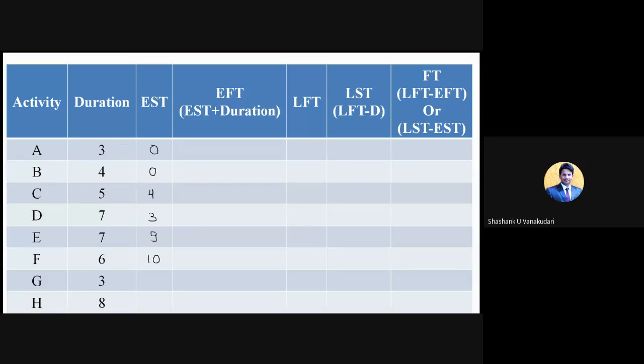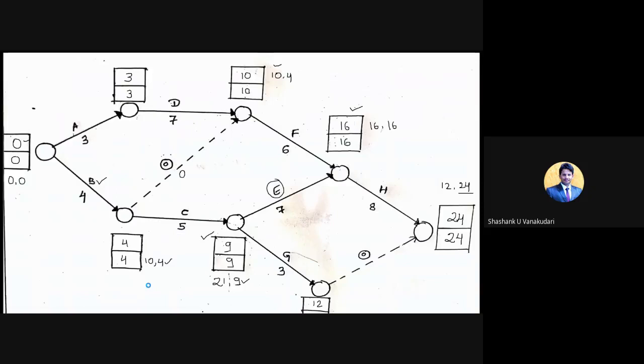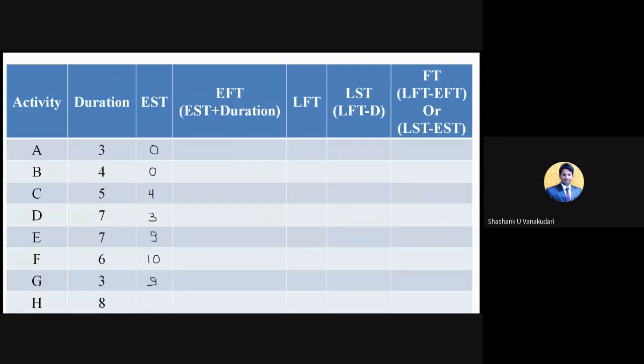And for G activity, 9 is the EST value, so I can write 9 here. And for H activity, 16. Okay, so you understood how to write the EST values from the network diagram. Now moving on to the next part, that is the EFT value.